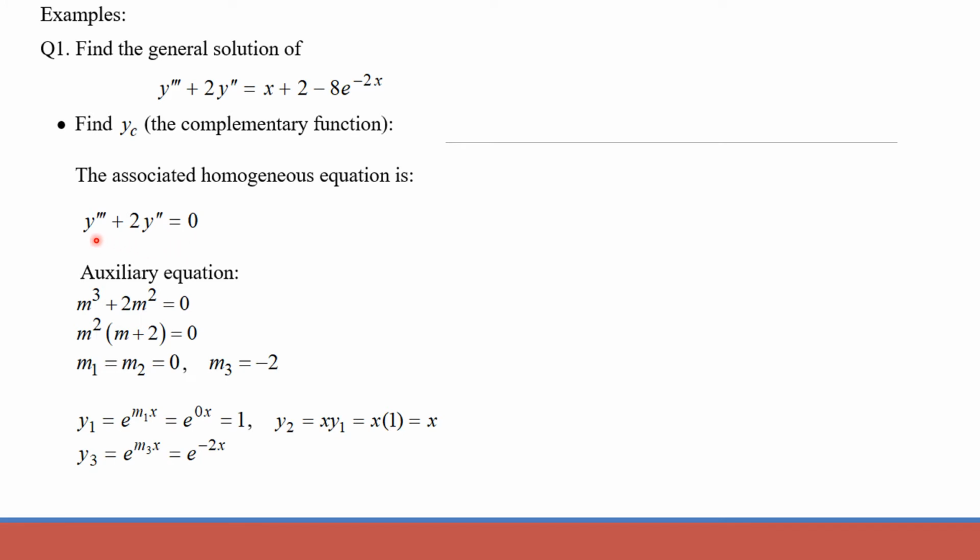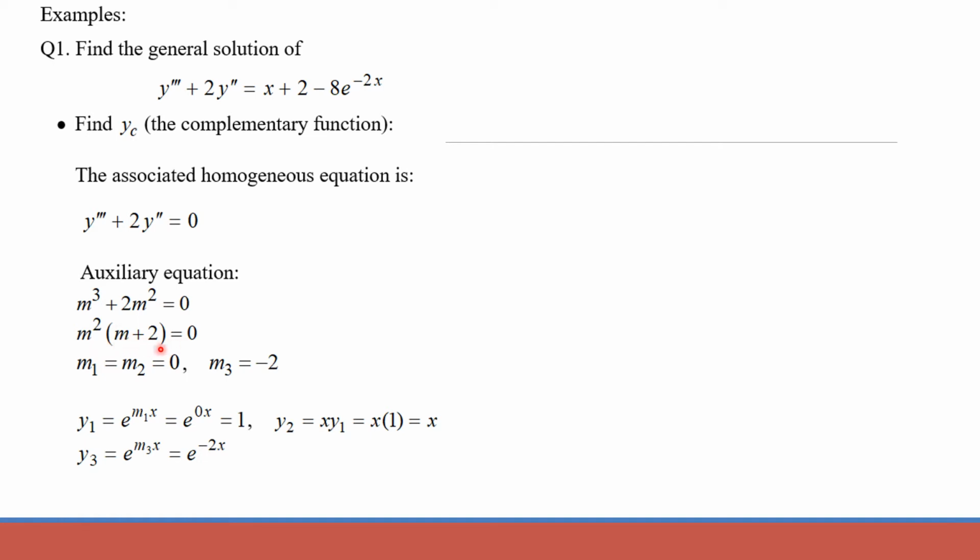So this is a third order homogeneous linear differential equation, and this homogeneous equation is associated to the original non-homogeneous equation. The auxiliary equation is m cubed plus 2m squared equals 0, and when we factor the m squared, we get m squared multiplied by m plus 2 equals 0.